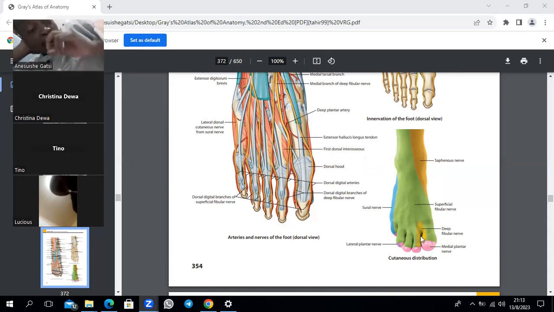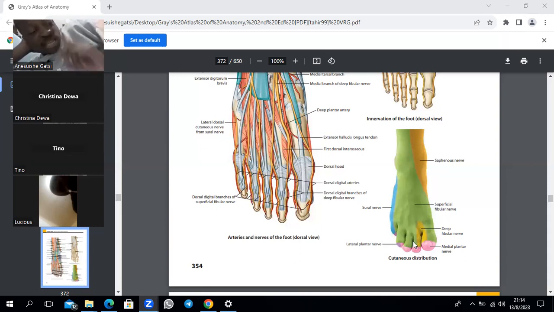So deep peroneal nerve will innervate muscles of the anterior leg. Having done that, it passes below the extensor retinaculum to go onto the dorsum of the foot. On the dorsum of the foot, it will innervate a muscle that I'll show you shortly, and also innervate the skin in the cleft between the big toe and the second toe.